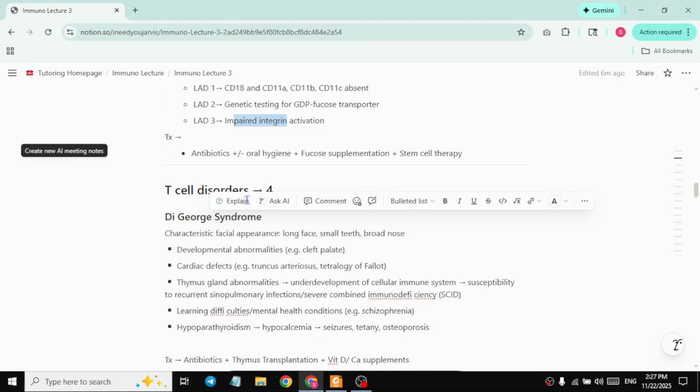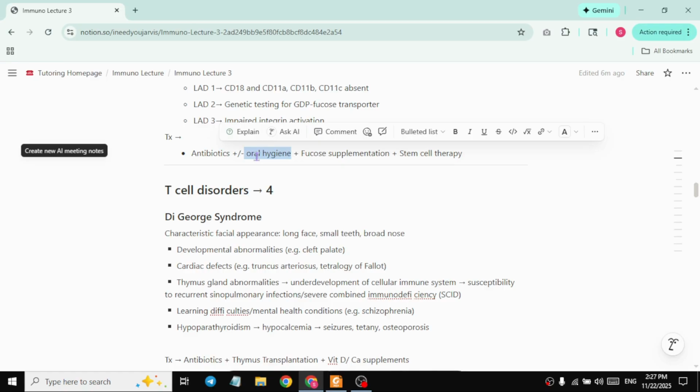All right. Now, looking at the treatment, antibiotics, you have to give them something to fight the infection, right? Monitor their oral hygiene. It's a common question to be asked when you have periodontitis or some other mucosal inflammation. You have to fix those infections first. Sometimes you may need to drain some abscess or do something, right?